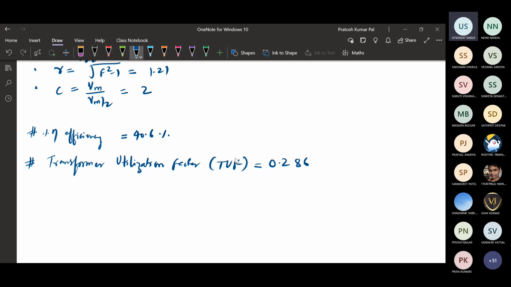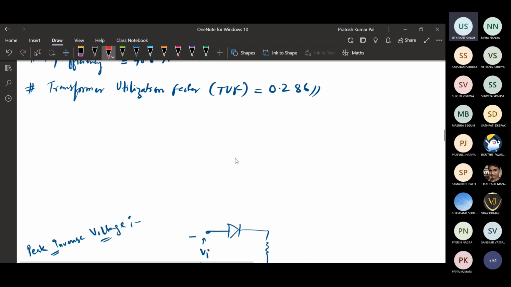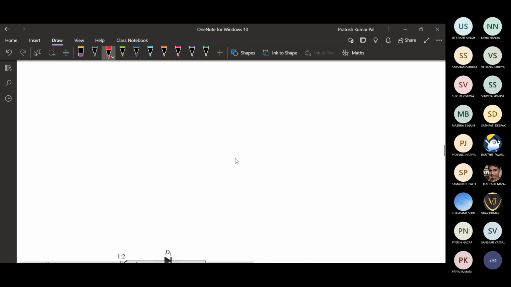In the case of the half wave rectifier, it is 0.286. Efficiency is important, you can just go with it. So this was the half wave rectifier. Next we will see the full wave rectifier.